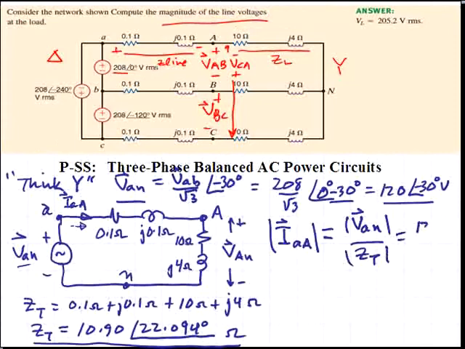And that's equal to 120 volts for the magnitude of the voltage source and the 10.90 ohms. And this gives us a value for that line current magnitude, 11.009 amperes.